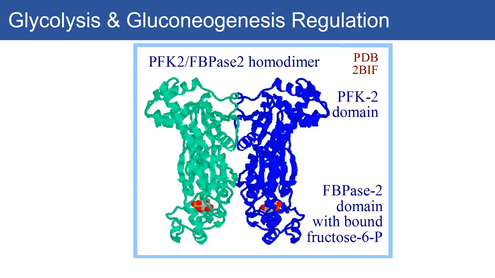So the PFK is allosterically regulated by fructose 6 phosphate, and this shows a ribbon or cartoon structure of the PFK, and it binds to the fructose 6 phosphate. So that allosterically regulates that reaction.